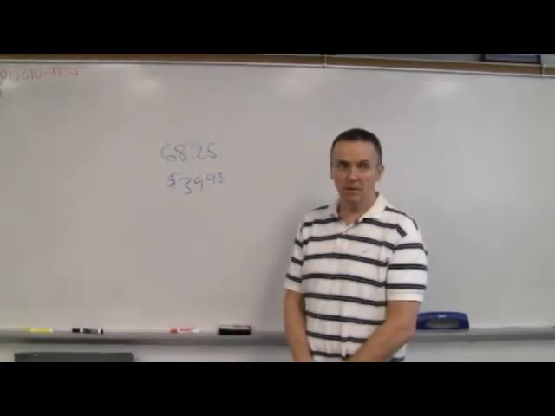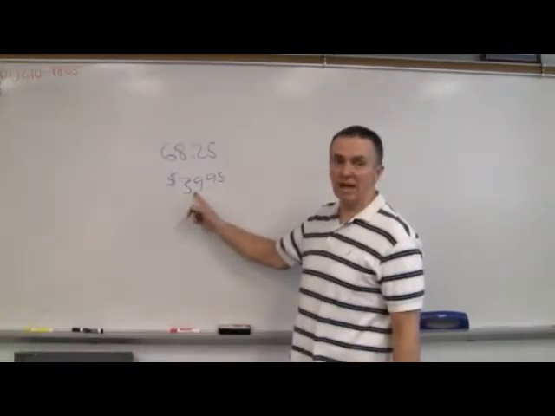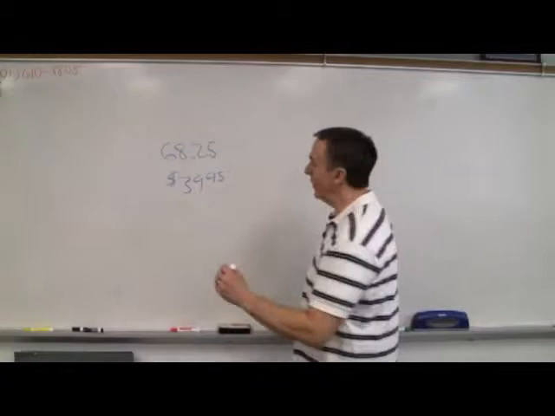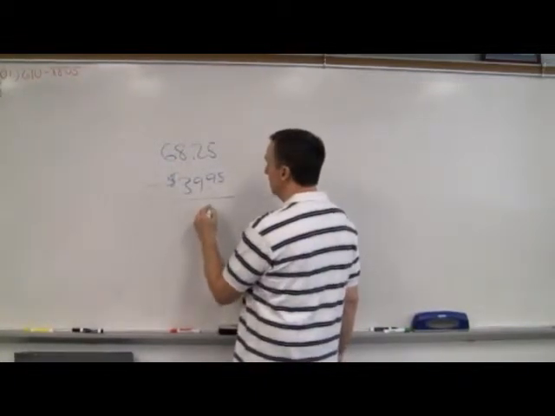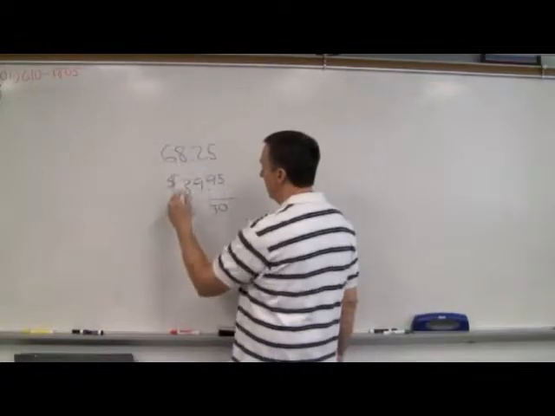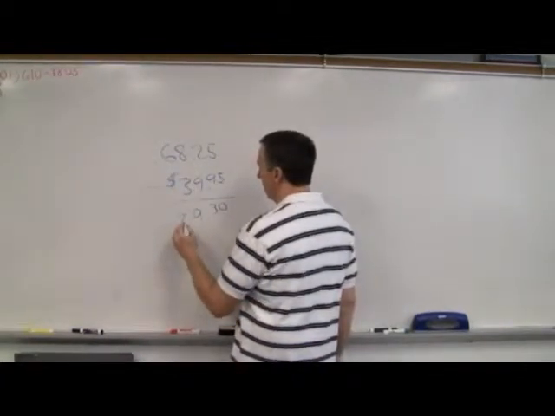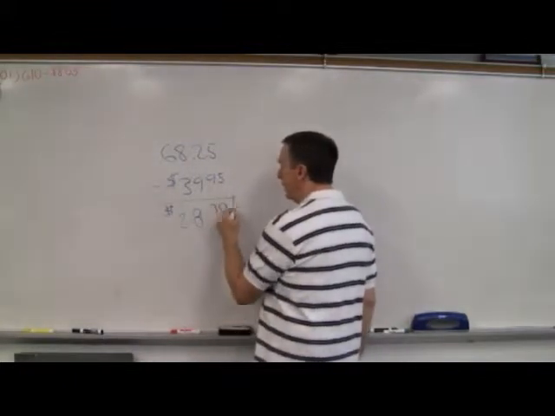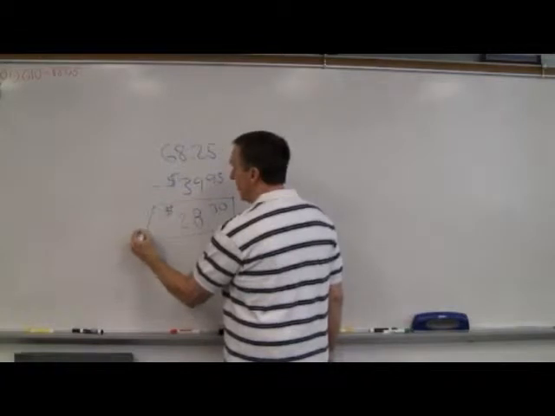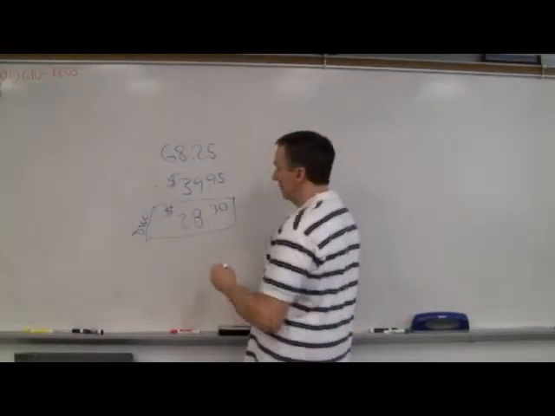The base is 68.25. So we subtract this from this, and that gives 28.30. That is the discount, that is the reduction, that is the portion.